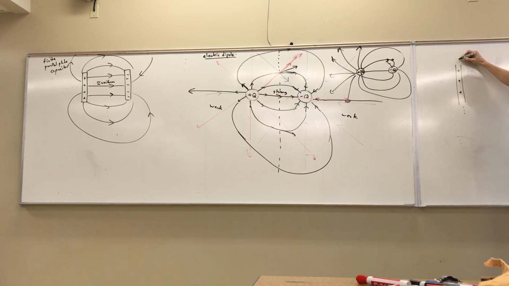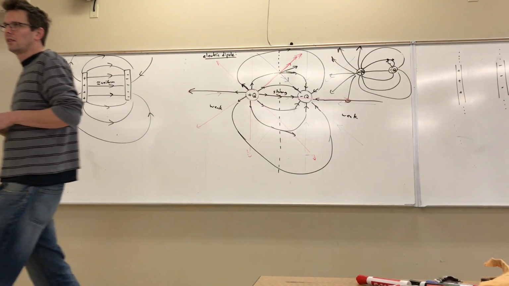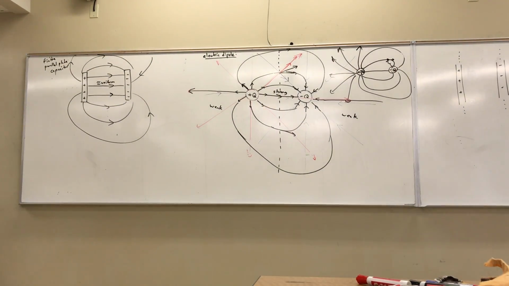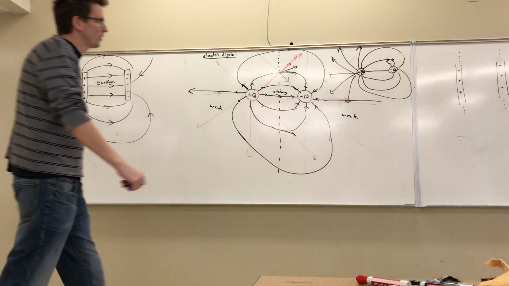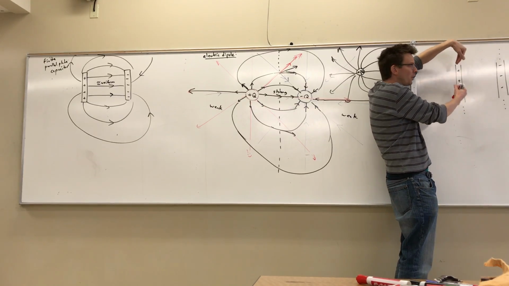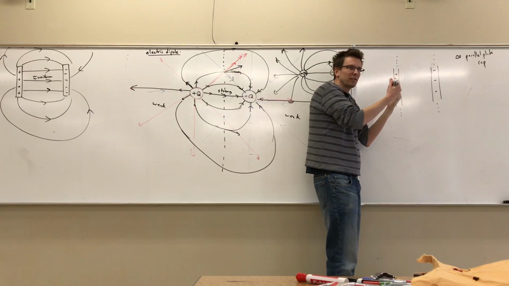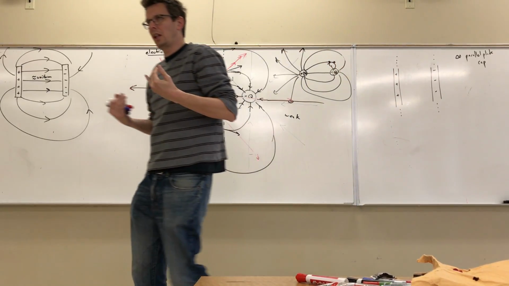So imagine that we concoct this thing called the infinite parallel plate capacitor. This is where we hypothetically smear charge onto the two plates, and we smear it so that it's infinite. So it's infinite going out in this direction, which I can draw on the board, and it is also smeared out this way, although I don't know how to draw that. This is not an infinite line, this is an infinite plane.